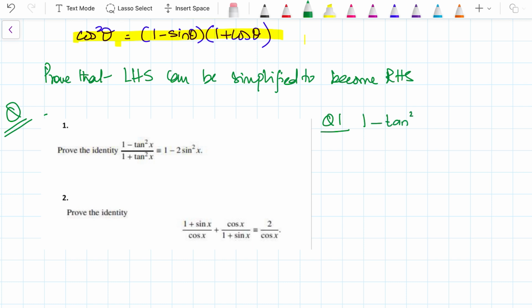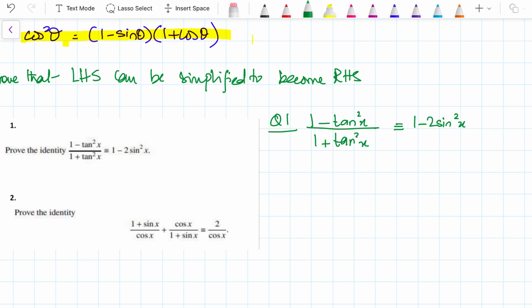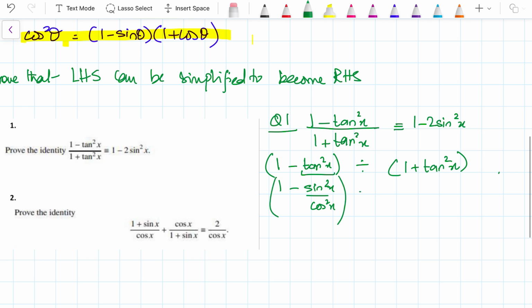1 minus tan square x divided by 1 plus tan square x equals 1 minus 2 sine square x. Now the first thing is this fraction can be written like (1 minus tan square x) divided by (1 plus tan square x). Now tan can be expressed as sine upon cos, and since there's a square on it, I will write it like 1 minus sine square x divided by cos square x, over 1 plus sine square x upon cos square x.